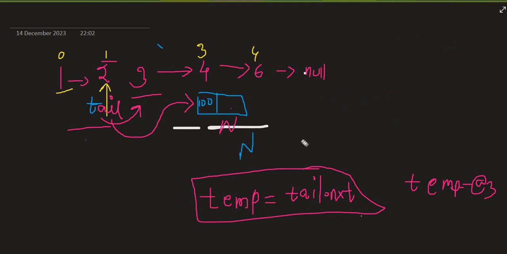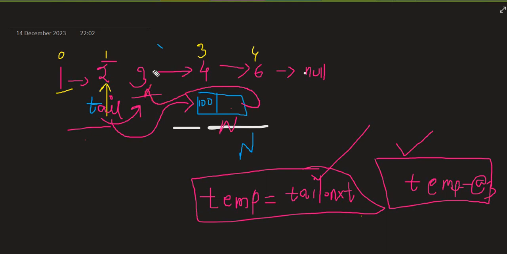Before, in the earlier case, we hadn't stored the address of 3. But in this case, we have stored the address of 3 in the temporary variable, that means tail.next. So n.next will be temp. This is temp.